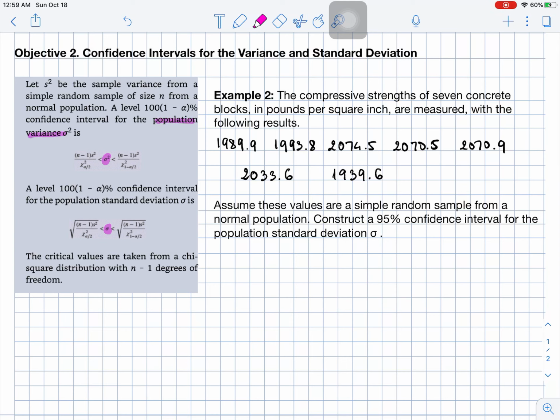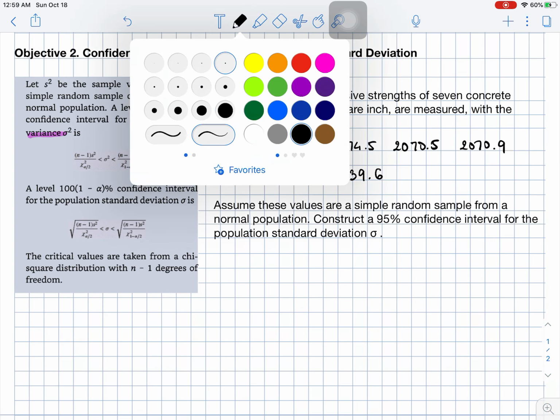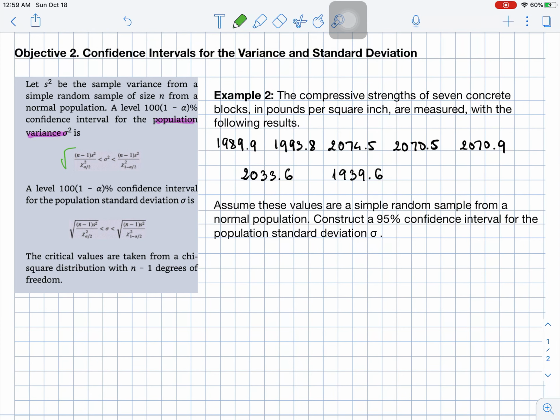Objective number 2, the confidence intervals for variance and standard deviation. So we look at the formula. We can see that sigma squared represents the population variance, and sigma is the population standard deviation.